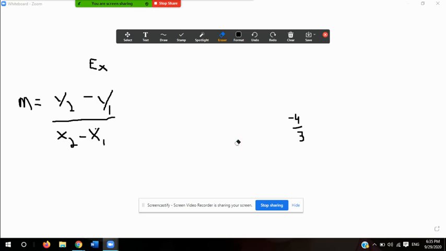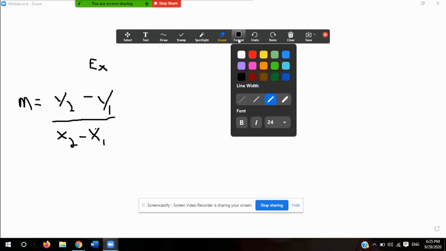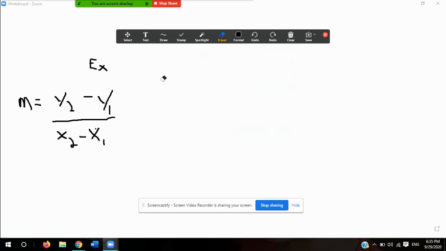So real quick, let me illustrate this. If our slope is positive, usually that means the line of the graph is rising. It's going upward.